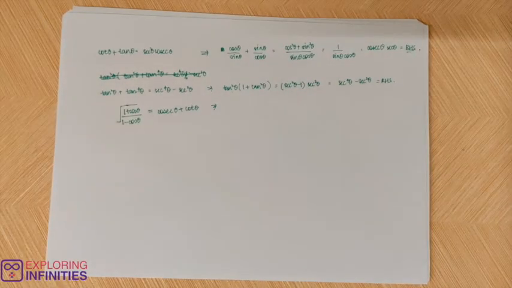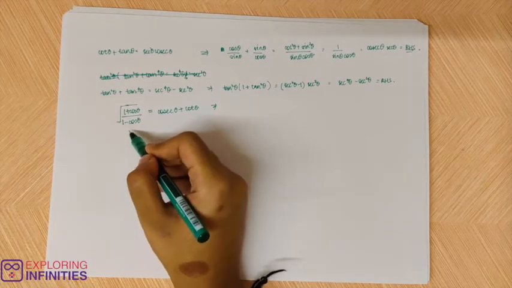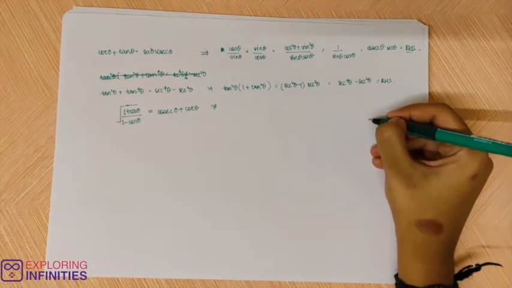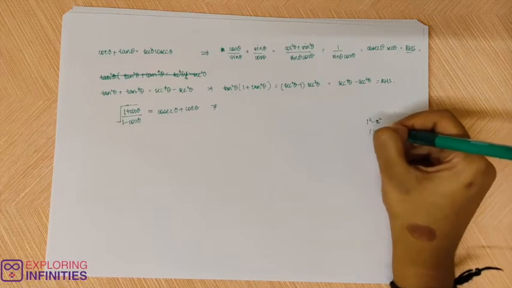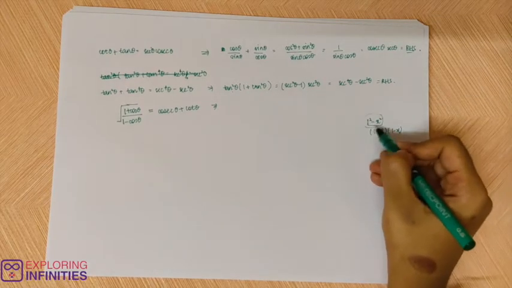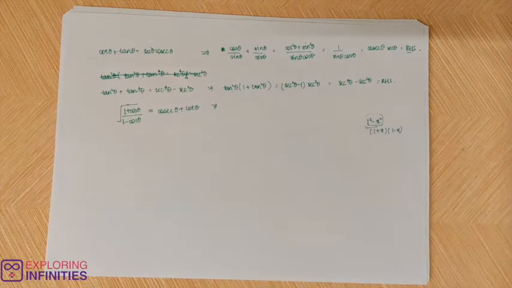In these type of questions, it's very essential for you to understand that whenever there is 1 minus something in the denominator, always multiply it by 1 plus something. What happens then? It becomes 1 square minus x square, because it's 1 plus x into 1 minus x. Then there will always be an identity that you can use, any trigonometric identity, to solve. So I'm doing the same here.